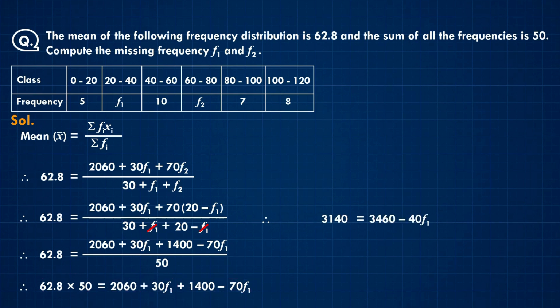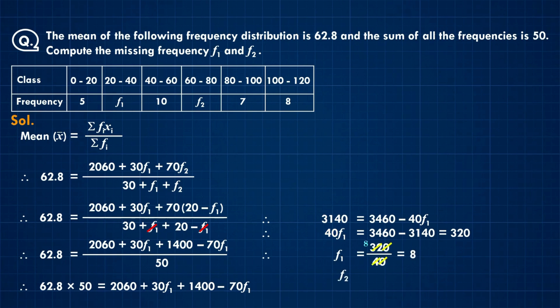It is coming 3460 minus 50 f1. Now find the value of, 3460 minus 40 f1. Solve it. So 40 f1 is equal to 320. So f1 will be 320 by 40, that is equal to 8.